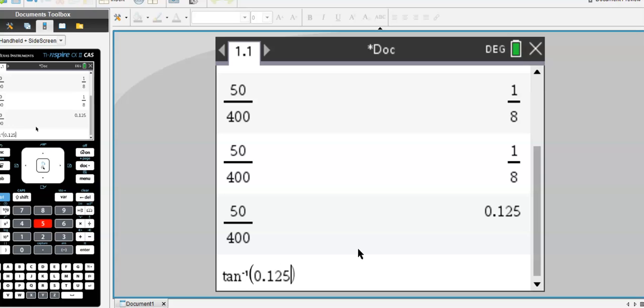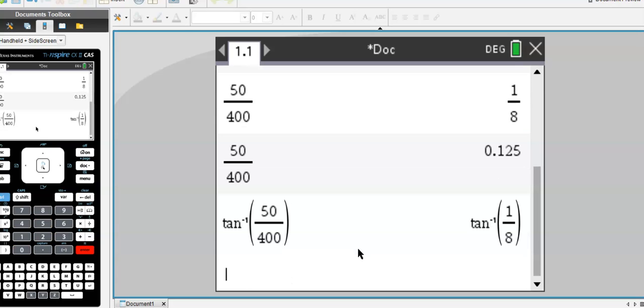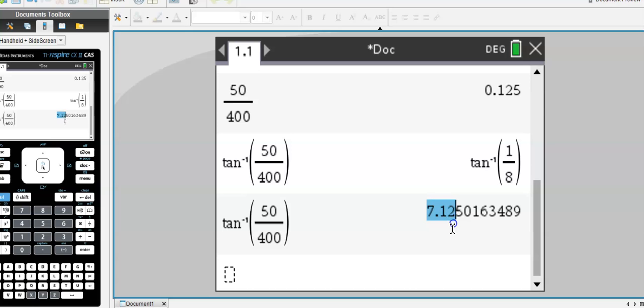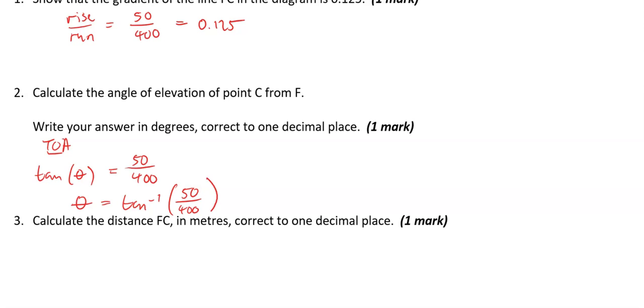Either type in 0.125 or you can type in 50 over 400, doesn't matter. It gives us an exact answer, so press Control Enter to get a decimal, and that's the angle there. Check that it says degrees, and they want 1 decimal place, 7.1 degrees.